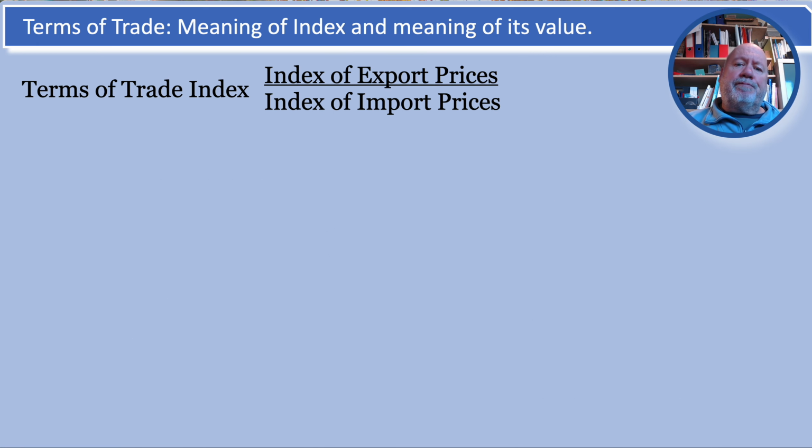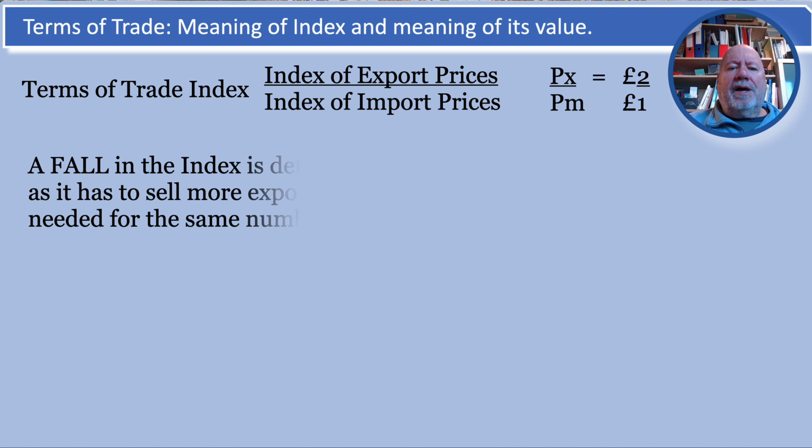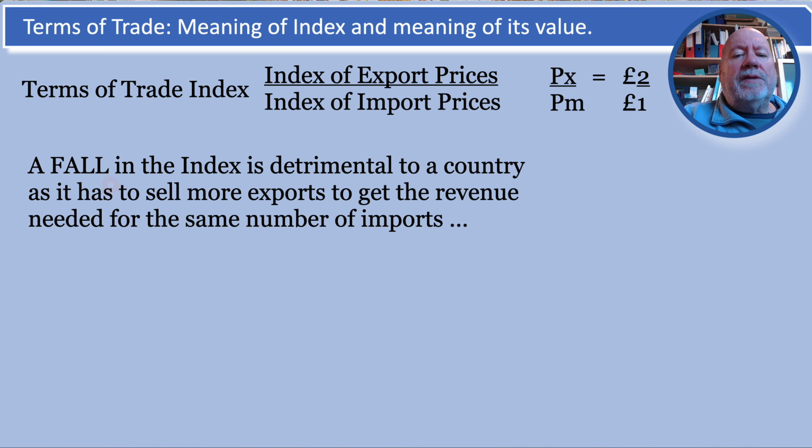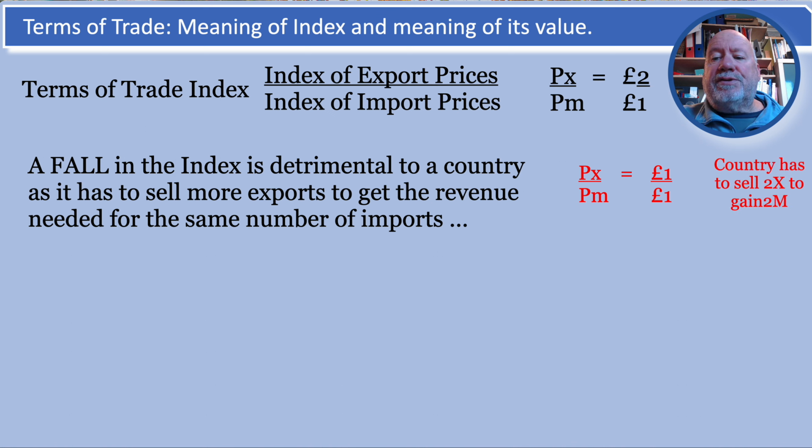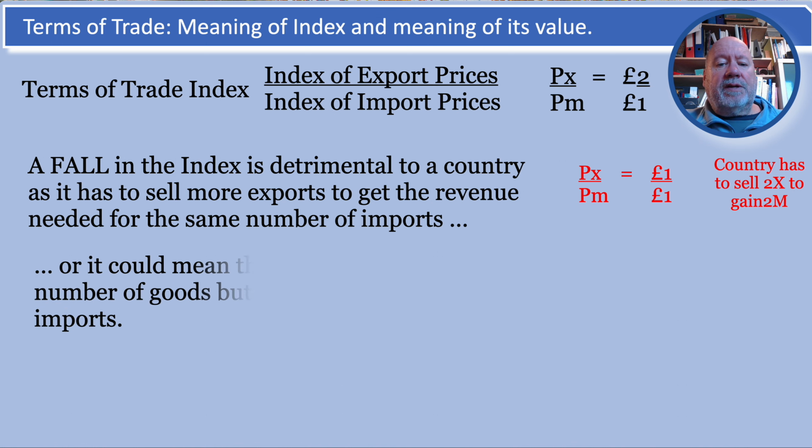Okay, all right. What would happen then if there's a fall in the index? Well, a fall in the index is detrimental, because what it means is that you've got to sell, okay, more of these exports. So if imports are £1 and I'm only getting £1 for my exports now, instead of just selling 1 and being able to buy my 2 imports, here I have to sell 2 exports to gain 2 imports. Okay, so hopefully that makes sense.